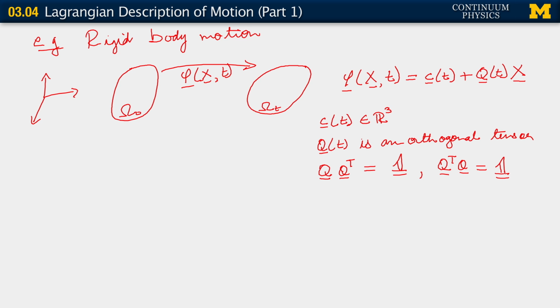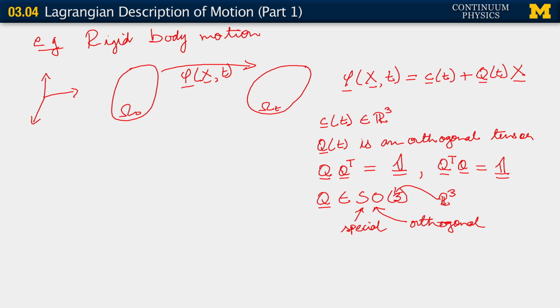I ought to mention that Q, we will commonly say, belongs to a particular space of tensors, a particular group of tensors that is denoted SO3. The S here is for special. O here reminds us that this is an orthogonal tensor. And the 3 reminds us that it operates on vectors in 3 dimensions.